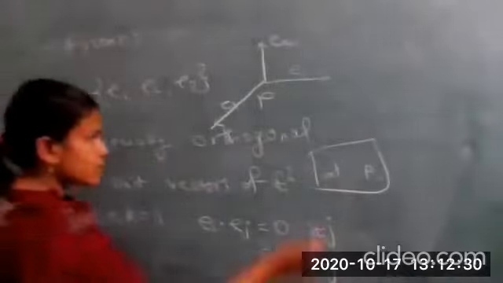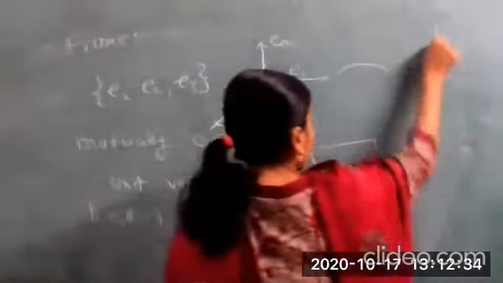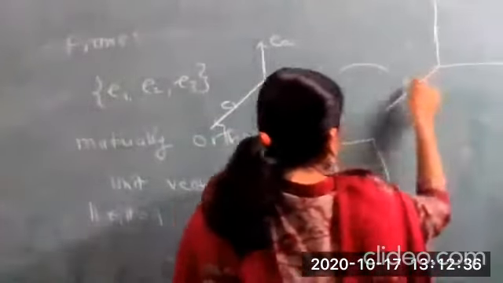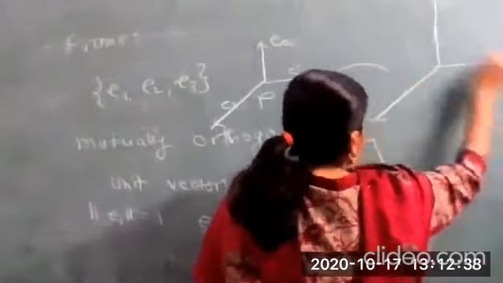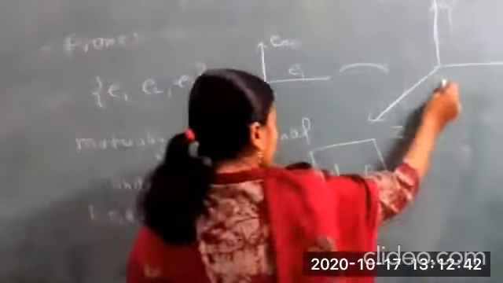So we can draw a resemblance with our coordinate system, where we have the x-axis, y-axis and z-axis, and here we have an origin.